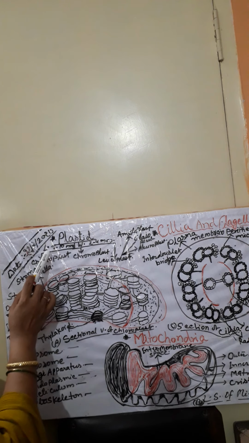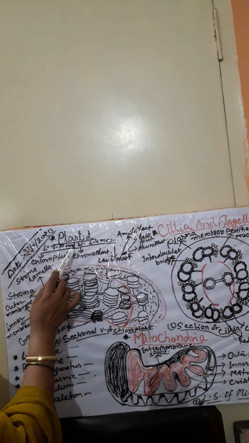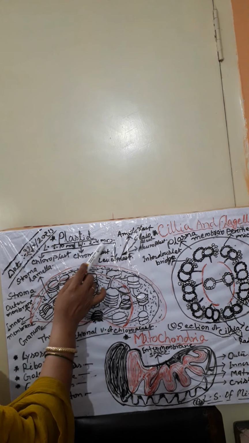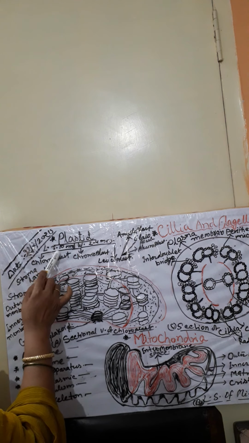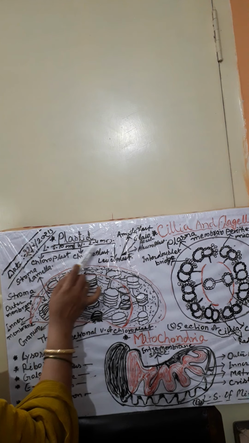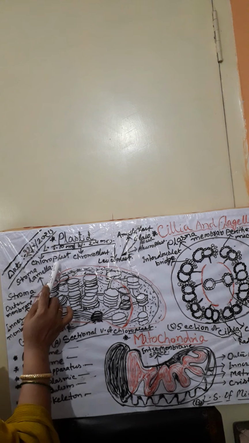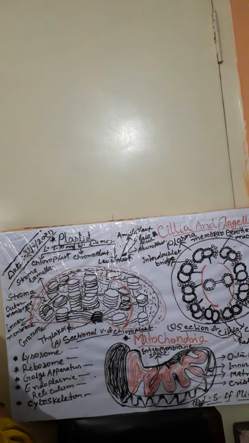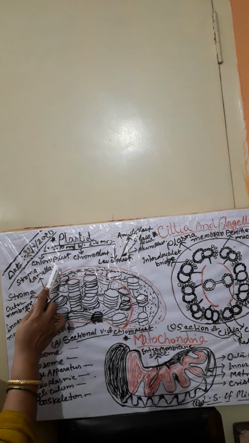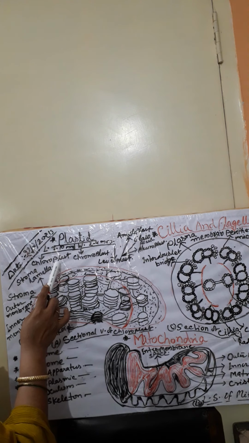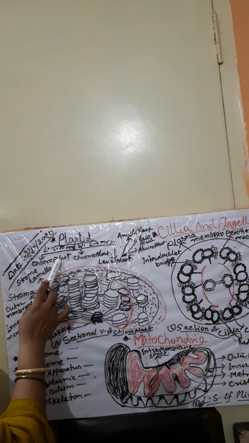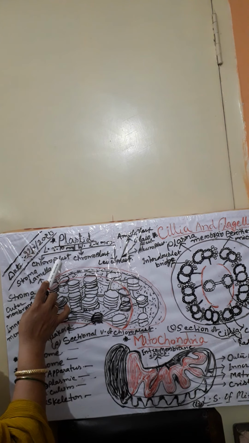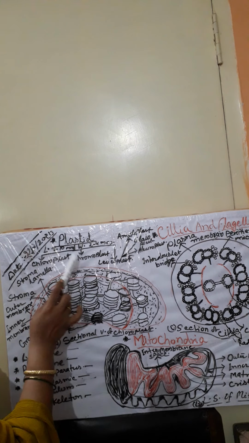Its length is about 5 to 10 micrometers and its width is about 2 to 4 micrometers. So it is variable in shape and size. Their number varies from 1 per cell, the best example being the green alga Chlamydomonas, to 20 to 40 per cell in the mesophyll.